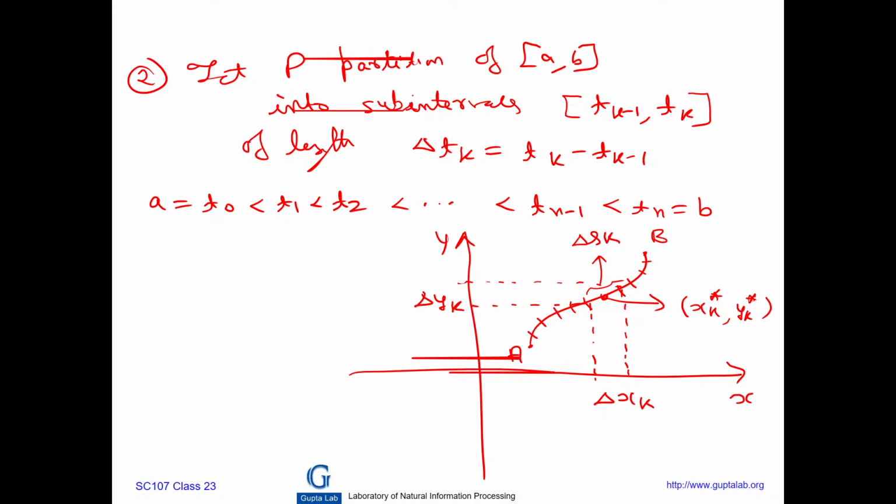So I should say in a more appropriate manner, as soon as we do a partition on t, it induces a partition on the curve, and that gives you a projection. So this is a projection on the x-axis and y-axis, which induces a partition on the x and y axes anyway.